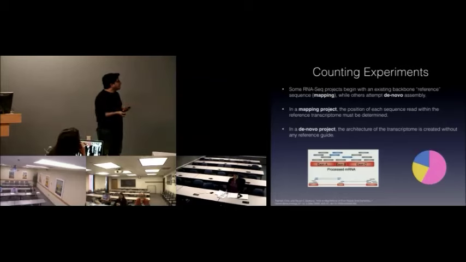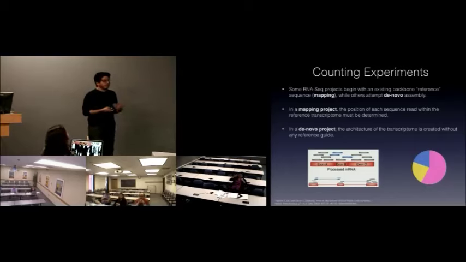And you basically have two types of projects. In a mapping project, you start working from a known reference. So you take the known reference of the human genome, and then you run your RNA-Seq experiment, and one of the first things you do is, okay, I have all these little reads, the guys in black and blue, and what I want to find out is their position in the genome.